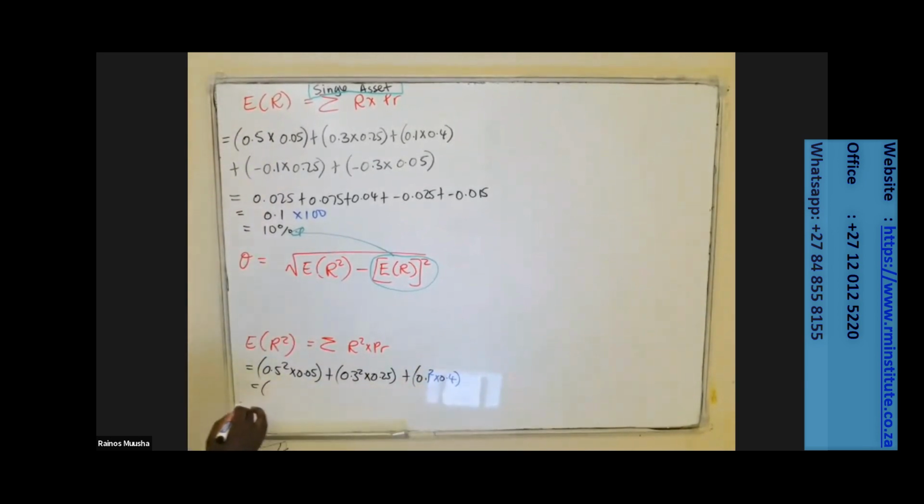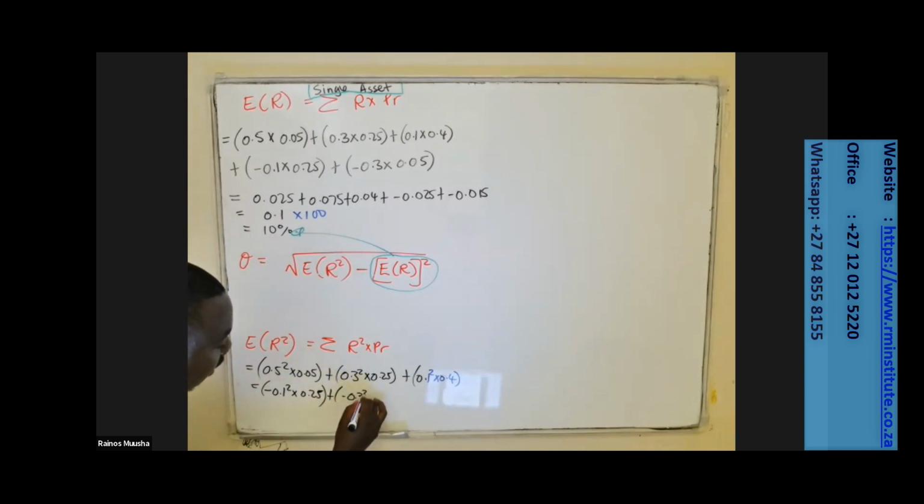The next scenario is a return of minus 0.1, so minus 0.1 squared times the probability, which is 0.25, plus the next scenario, minus 0.3 squared times the probability of that happening, which is 0.05. So given this information, how much do you get as the expected value of your return squared?